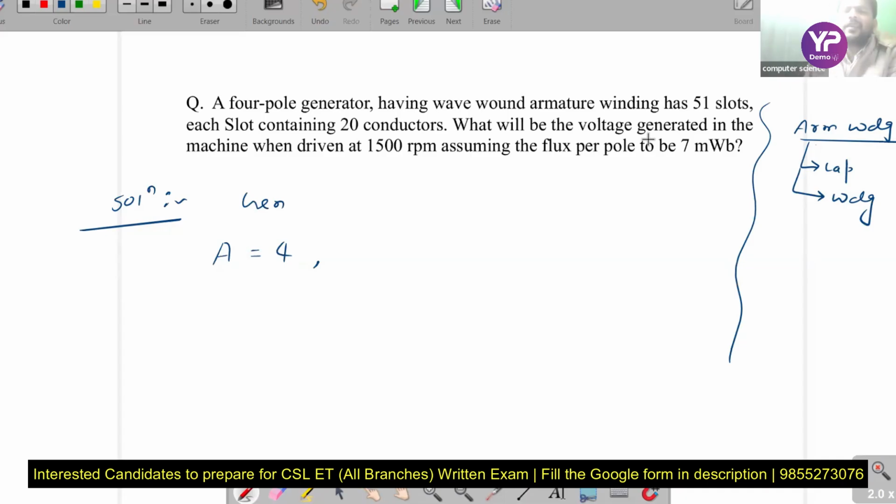Winding is either single turn or multi-turn coil. If it is not mentioned, we simply take simplex winding. Winding is either simplex, duplex or triplex. Here the type is not mentioned, so we simply take simplex lap winding or simplex wave winding.